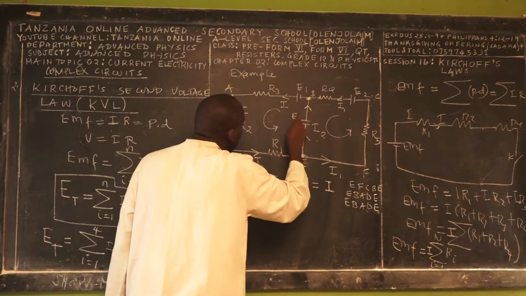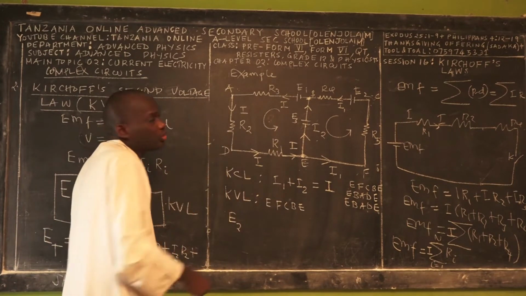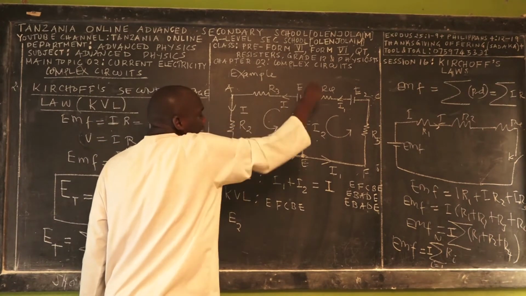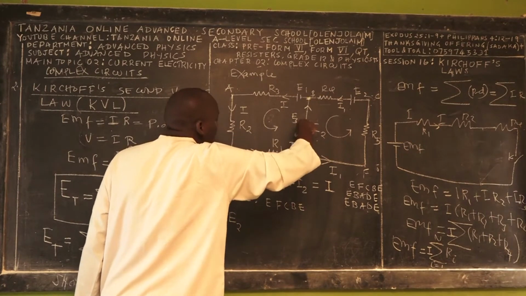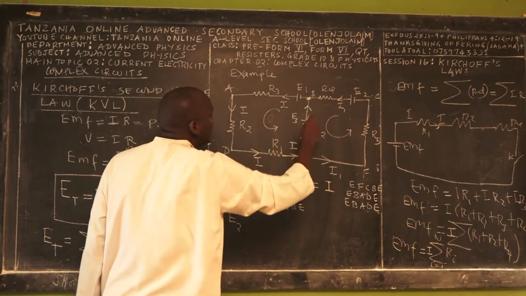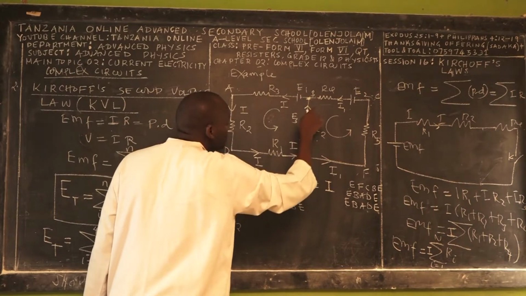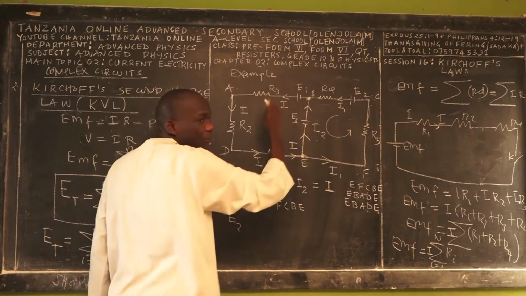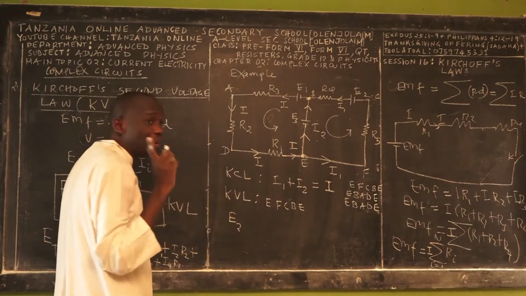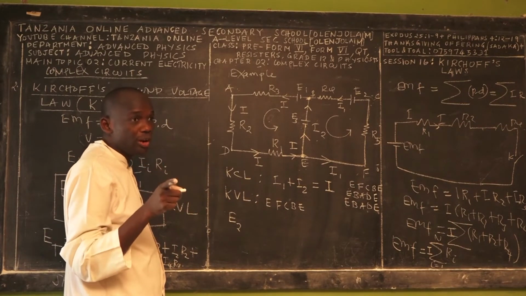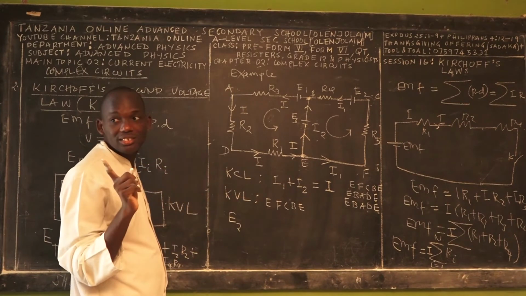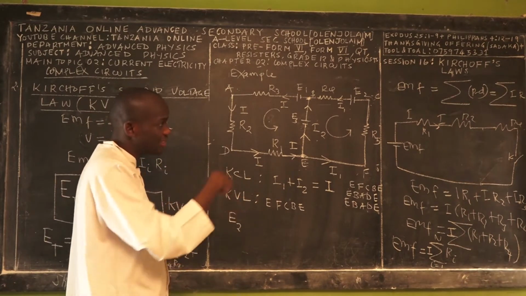It is E3. Because my choice of the direction of the loop means this direction of the current is opposite. Because this is the positive terminal, the positive terminal is always driving up. For that case, I'm going to teach you the steps of solving problems about Kirchhoff's law, and in those steps we mention that. So I'm trying to give you a big picture and then analyze.